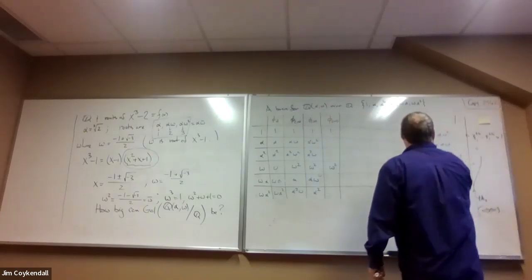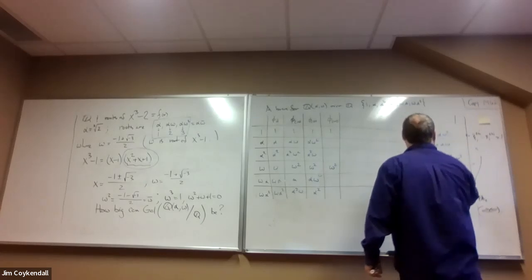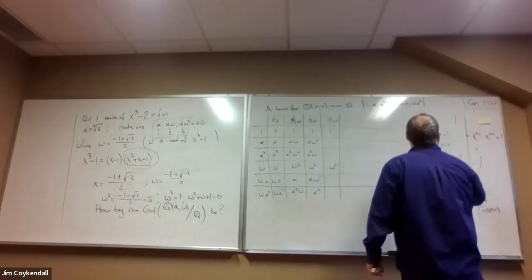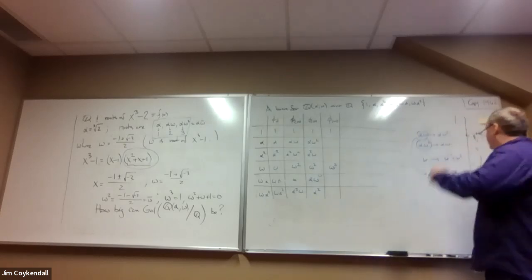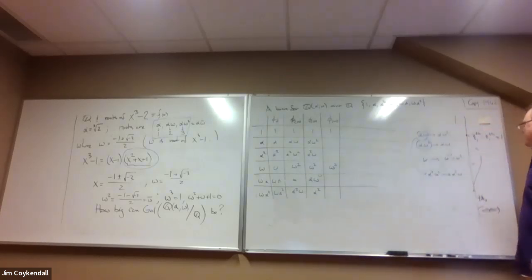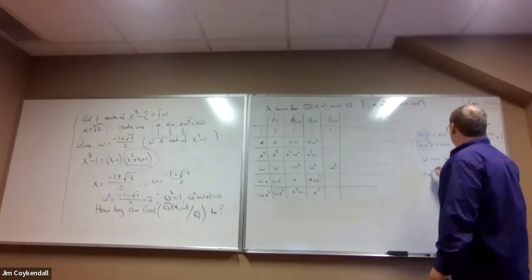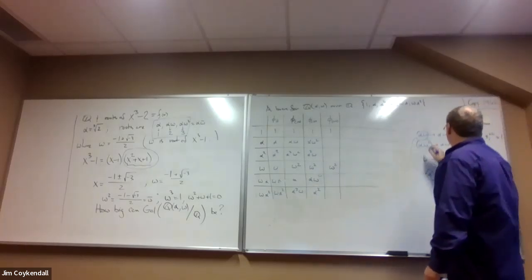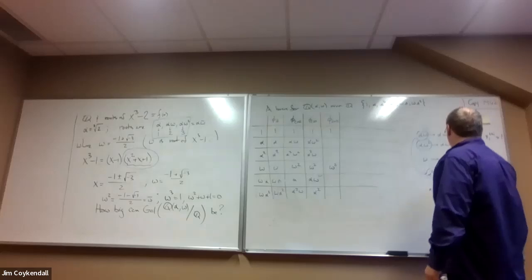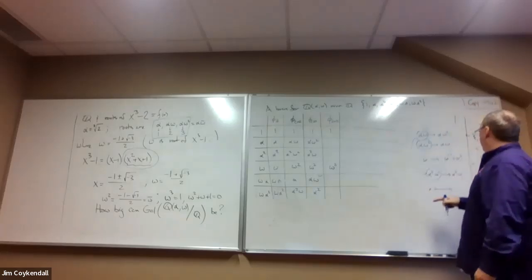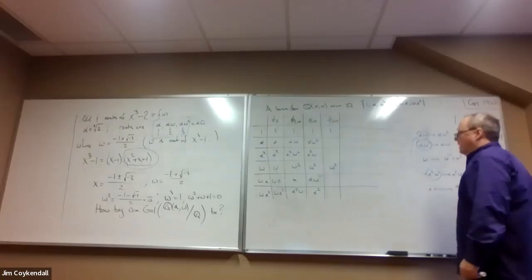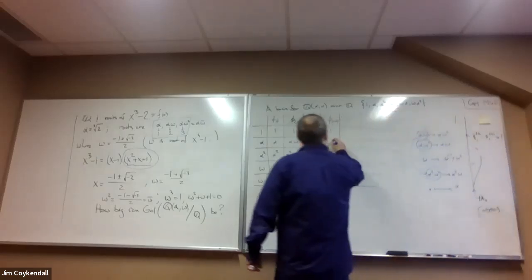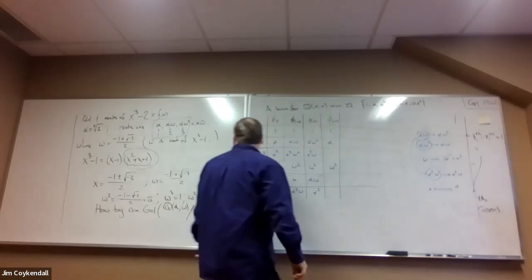If I square this one, alpha squared omega squared goes to alpha squared omega. So now I can take this and divide by this and get alpha, and this divided by this gives me alpha is fixed, which is good.